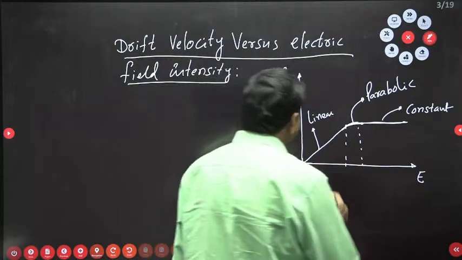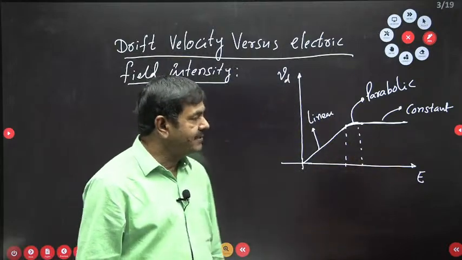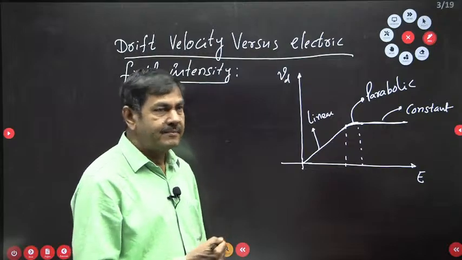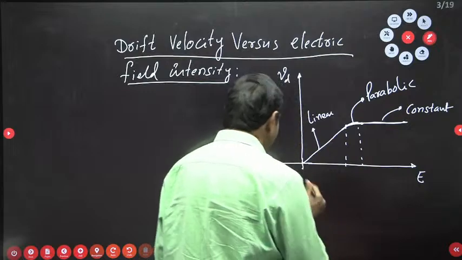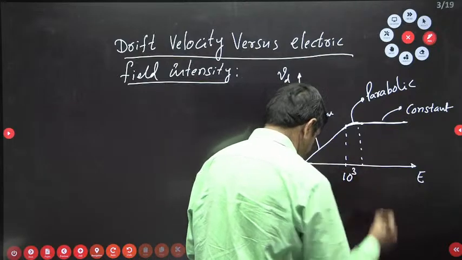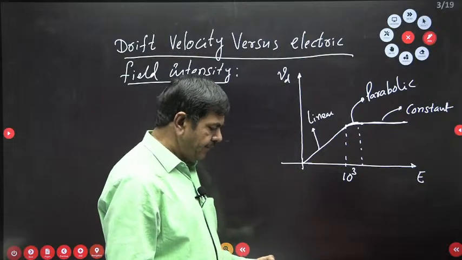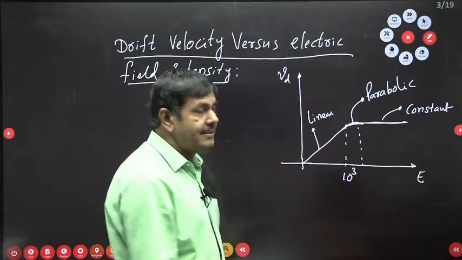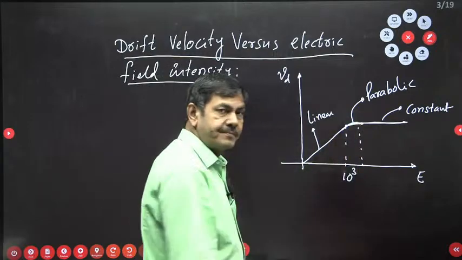In this case, up to what extent of electric field intensity it will be linear, those values I will give. From 0 to 10 power 3, if you maintain this electric field intensity, it will be linear.